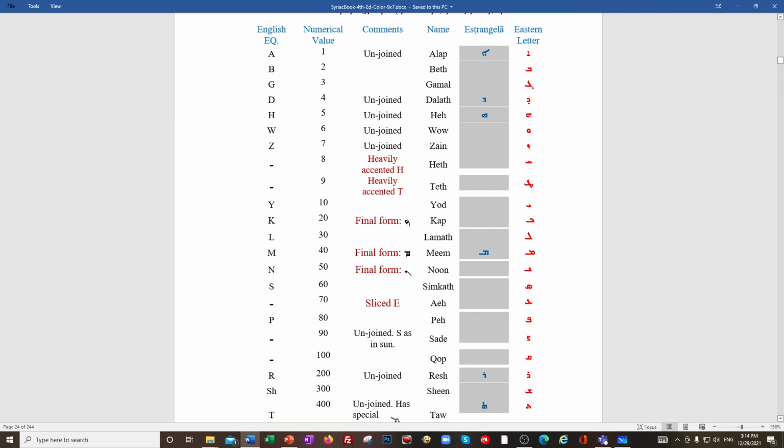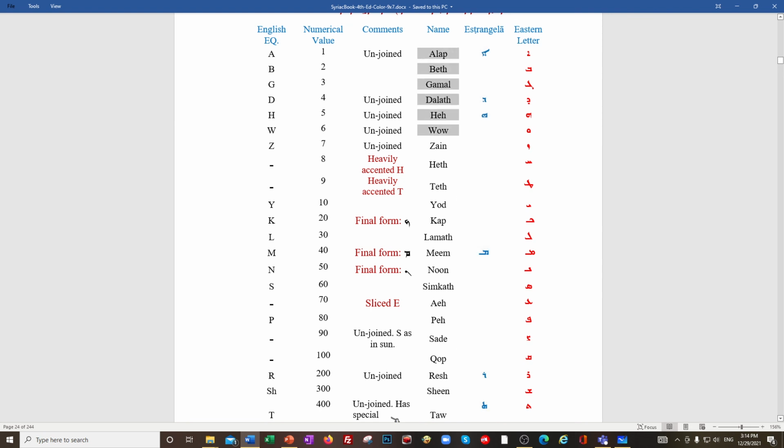This is the name of the letter. If there is any comment, like unjoined, the numeric value of that letter, and the equivalent English letter. Not every letter in Syriac has an equivalent English letter, so we need to pay attention to that too. Let's review those.